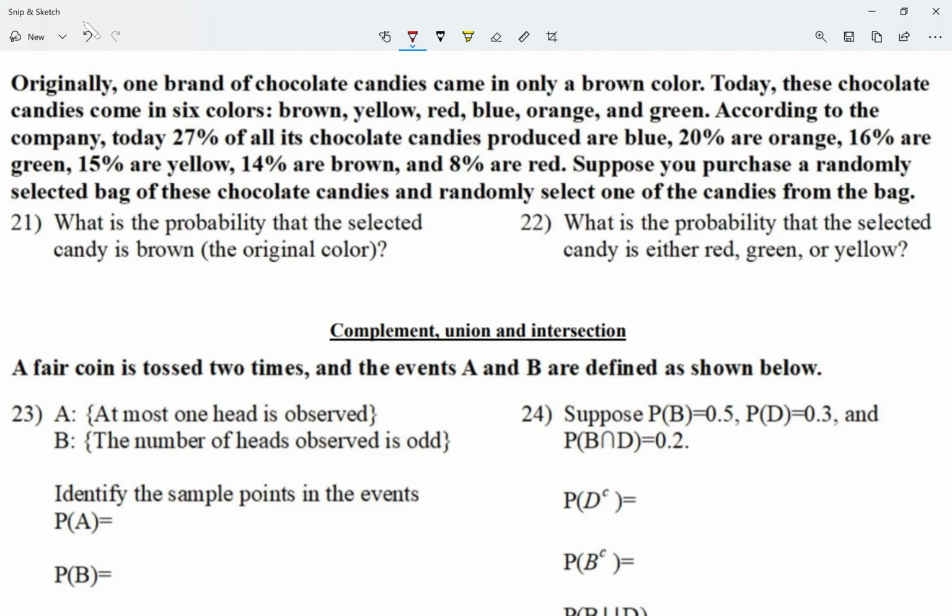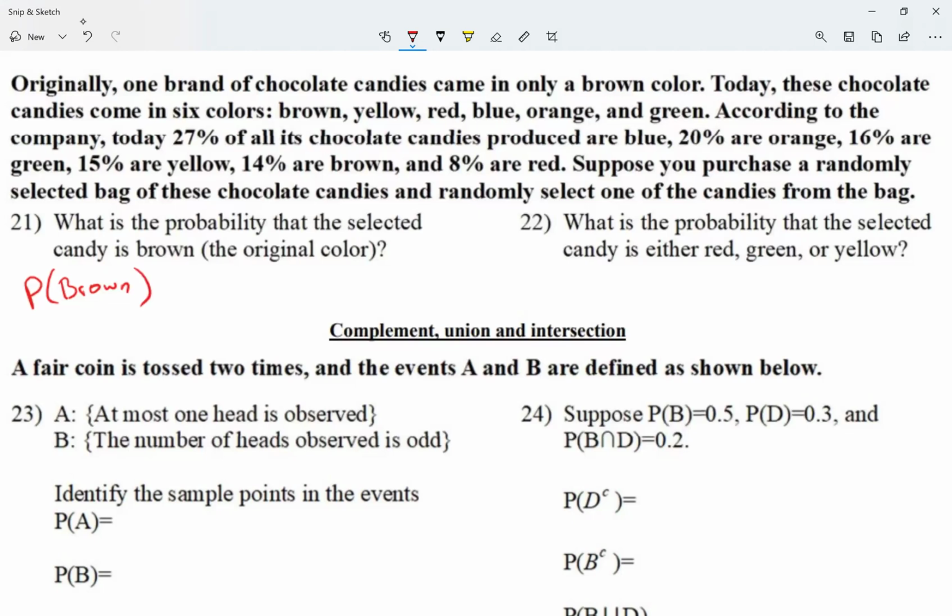Suppose you purchase a randomly selected bag of these chocolate candies and randomly select one of the candies from the bag. Number 21, it says, what is the probability that the selected candy is brown, which is the original color? So I'm looking at the question here. What's the probability of brown?